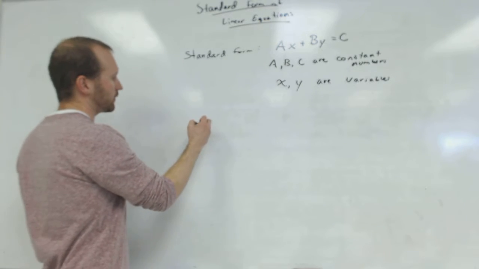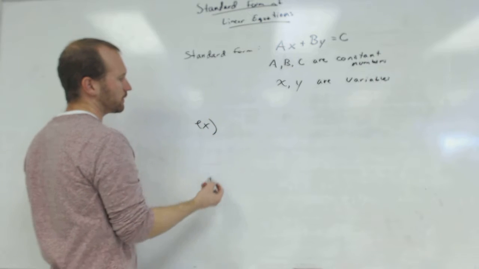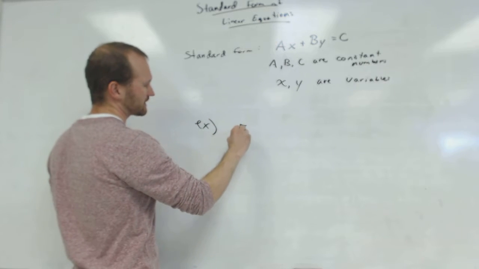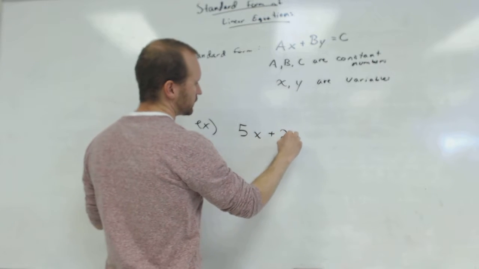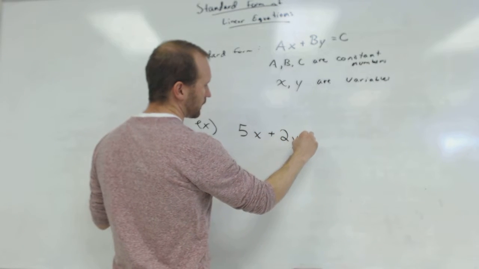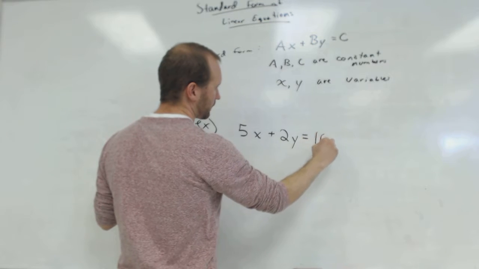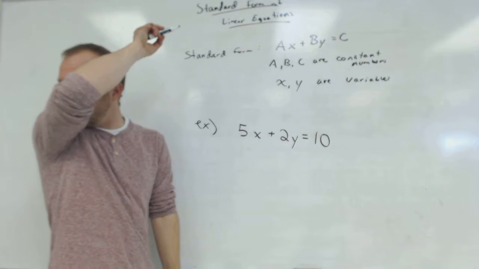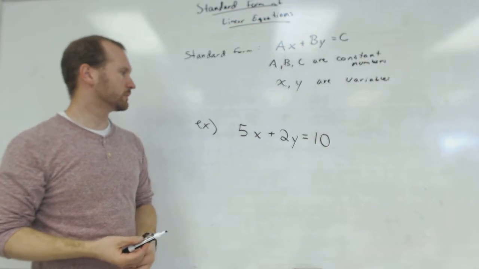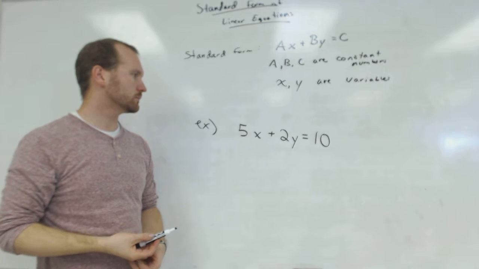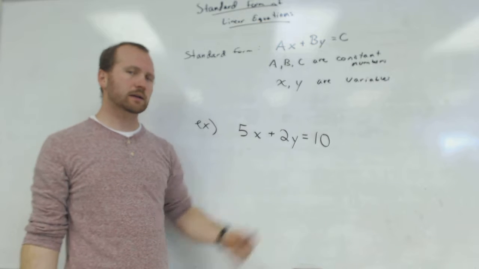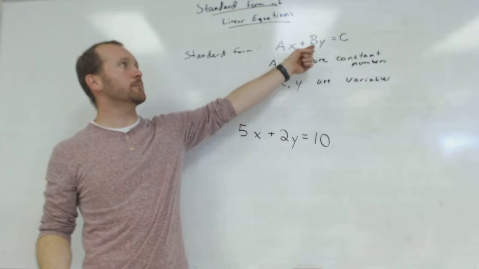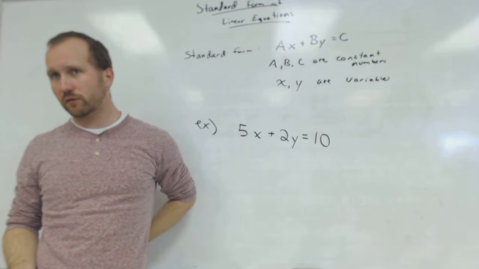So for example, if we look at an example of standard form, it would look something like this. 5x plus 2y equals 10. So 5 is A, 2 is B, and 10 is C. Now this is not the same B that we had in slope-intercept form.